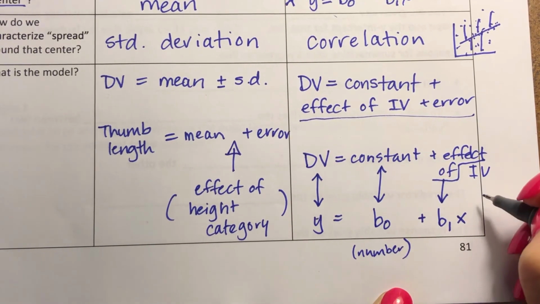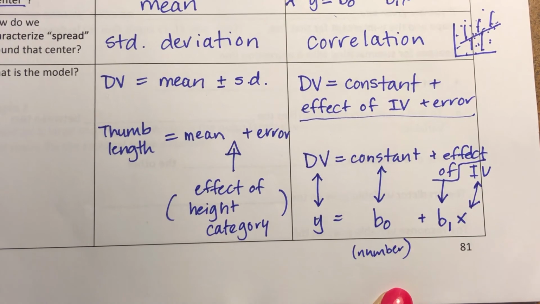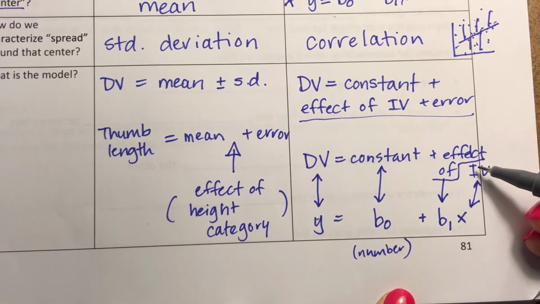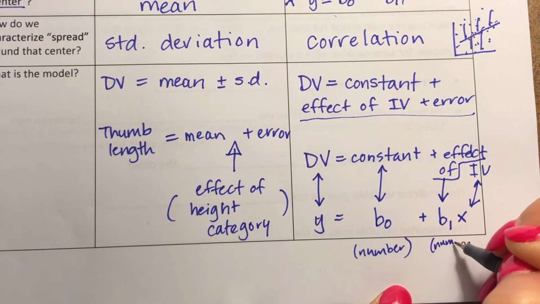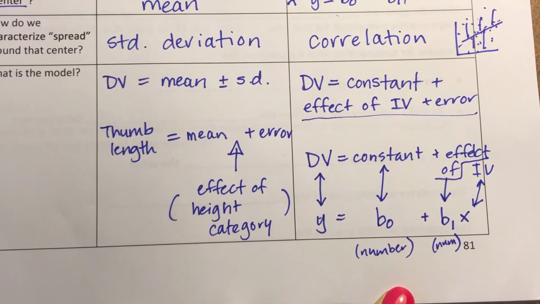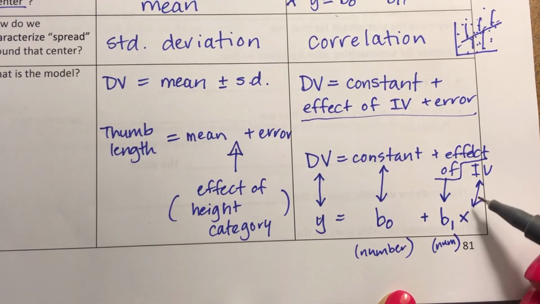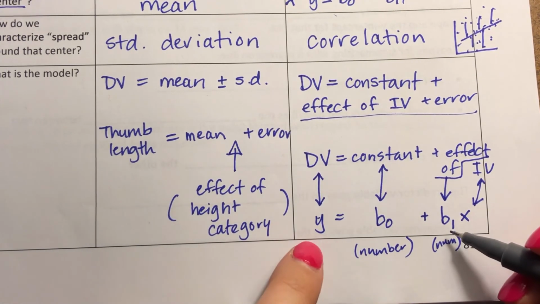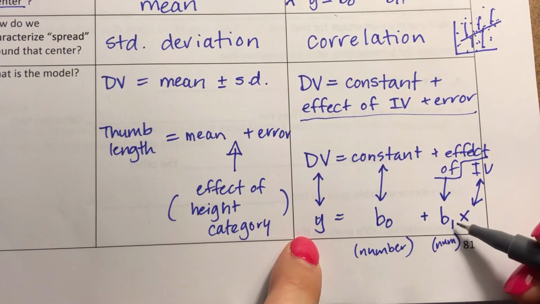Okay, so this x, that's our independent variable. Y is dependent, x is independent, and again this b sub 1 is going to be some number or value that tells us when x changes, if we change our independent variable, how much do we predict our dependent variable is going to change? That's what this number is going to tell us.